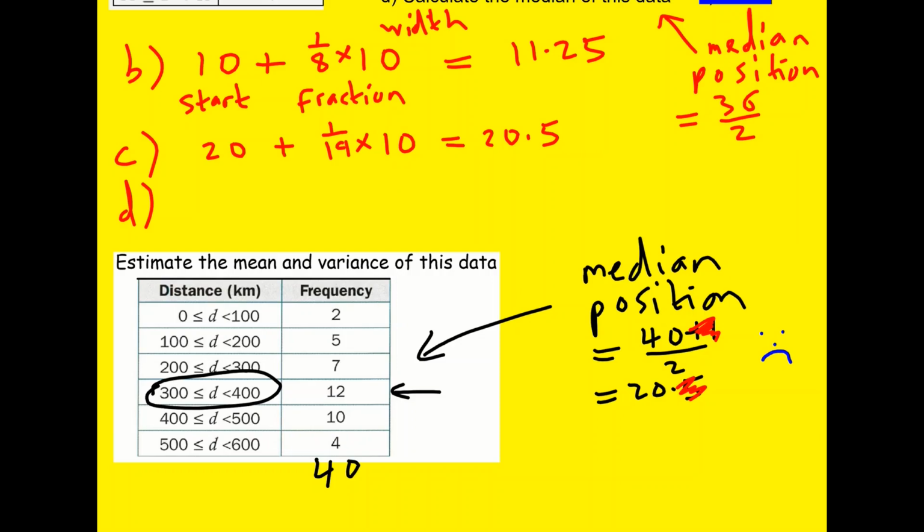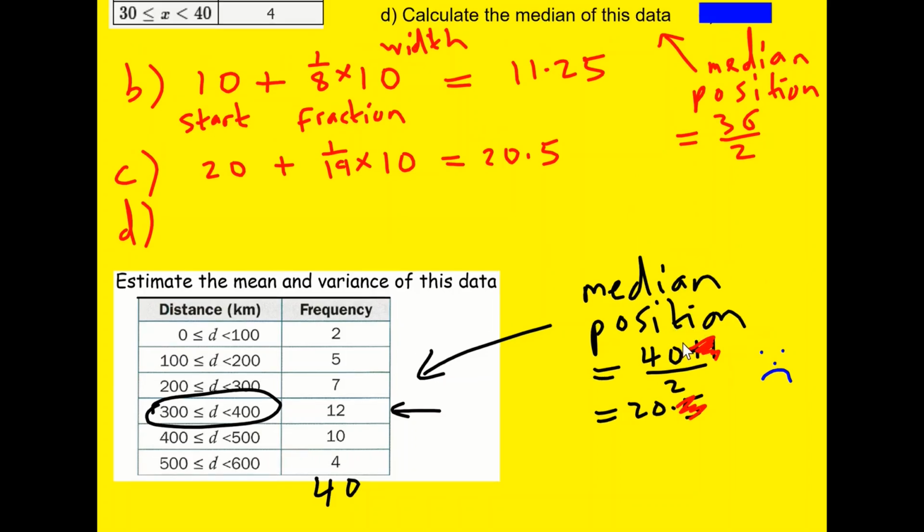It's a bit like when you do cumulative frequency, if you're finding the median there, you just divide it by 2. It's the same kind of idea. It's not going to matter that much, and actually it just makes life a bit easier. I think that's maybe one reason for it. Remember, this is an estimate.